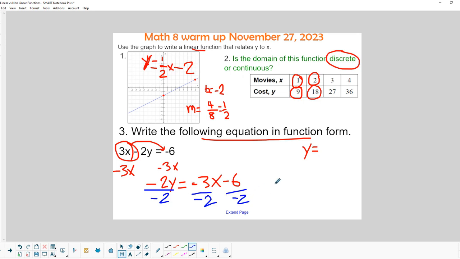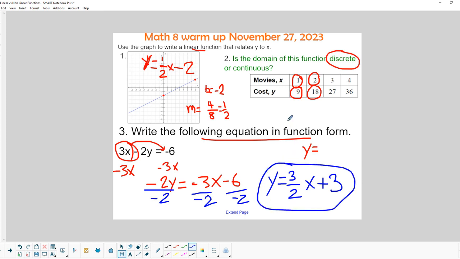So our final equation in function form would be y equals 3 over 2 x plus 3. So we've done that several times, and sometimes we just said, write this equation in y equals mx plus b form early on, but now we're saying the same thing by writing it in function form, which is the same thing. All right, so let's move on.